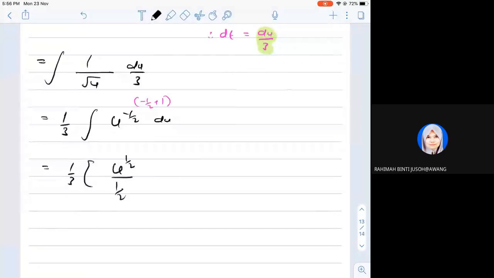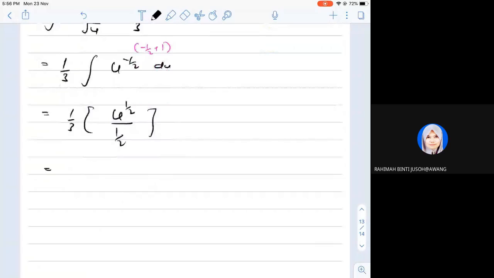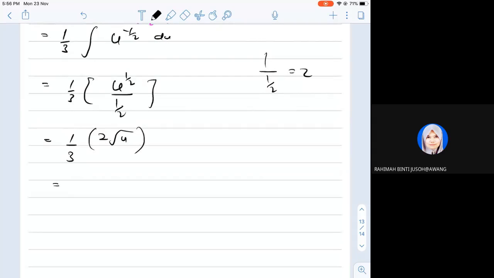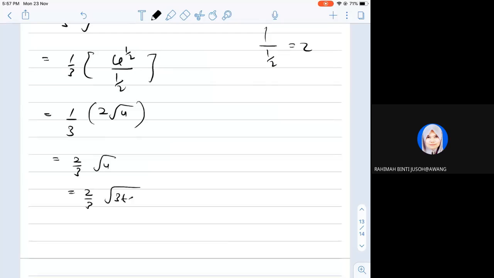Dividing by 1 over 2 becomes multiplying by 2. So we will have 2 over 3 square root of u, or resubstituting, 2 over 3 square root of 3t plus 9.